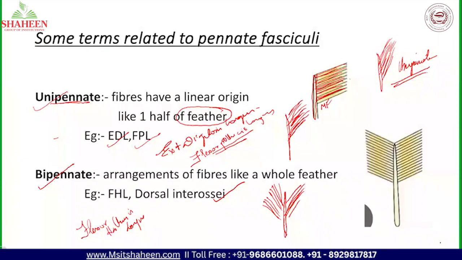So these are the two muscles, one seen in the forearm and one in the hand. Okay, it's clear, unipinnate and bipinnate.